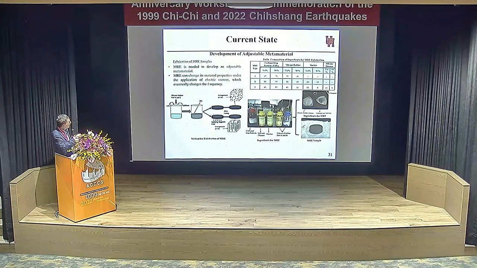MRE is magneto-rheological elastomers. If we increase the magnetic field, the stress strain curve will be changed. The Young's modulus will be changed. Therefore, the frequency band gap will be changed.